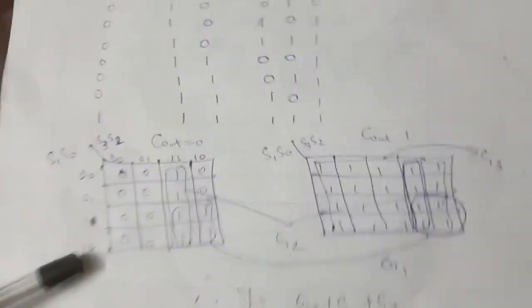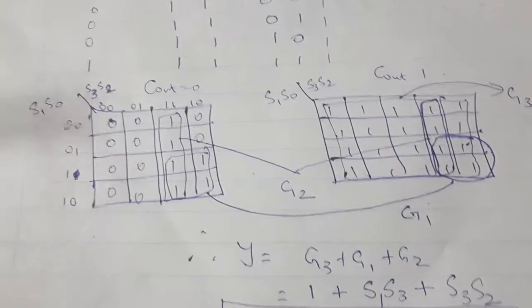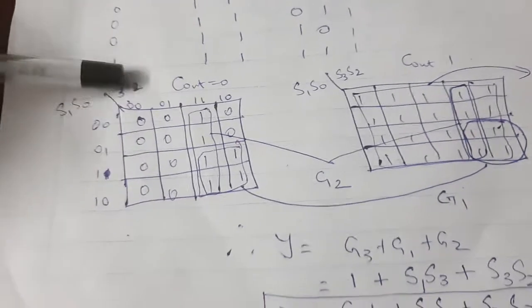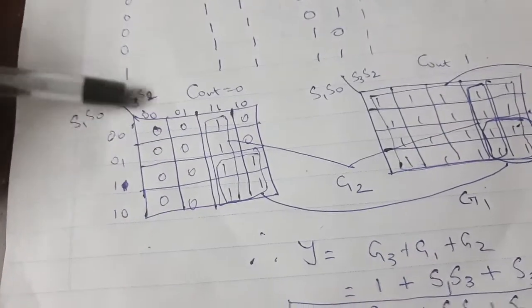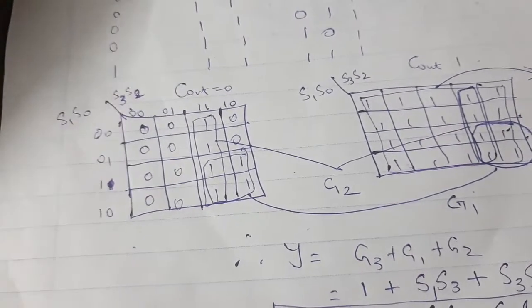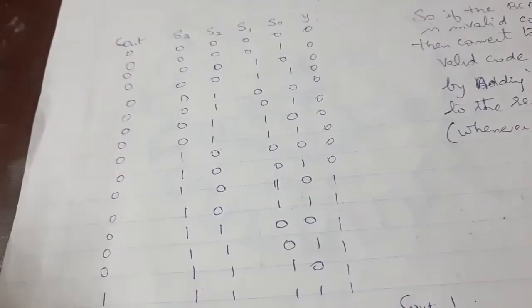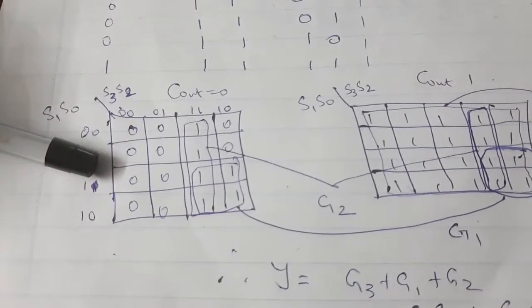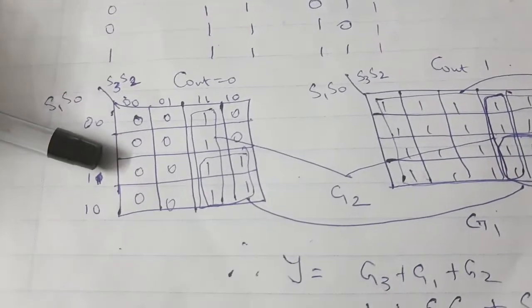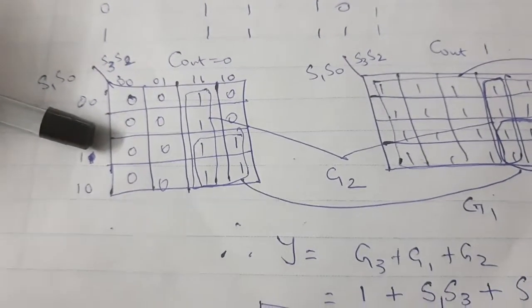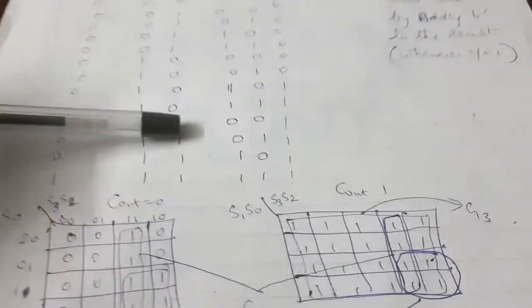See here, I have done the mapping now. S0, S1, S2, S3, see how I have written. Accordingly, I am going to map it. You have to look seriously into your truth table and map your outputs. Don't generally close your eyes and say M1, M2, M3 marking. No, here you have to do S1, S0, S3, S2, see the mapping accordingly and map the ones according to the ones produced here.